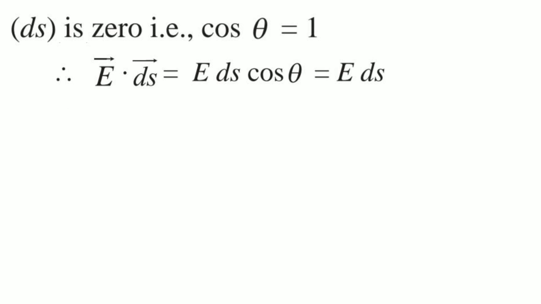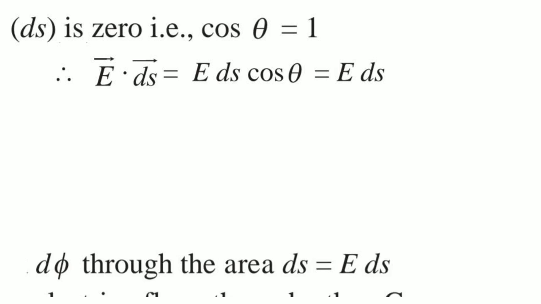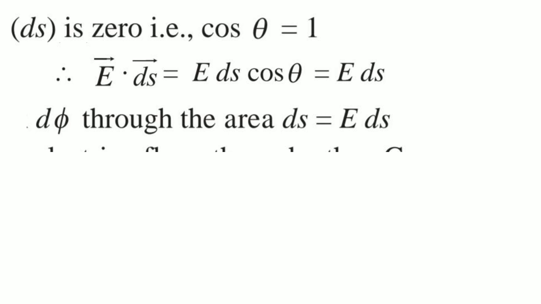Now, the right hand side of the first equation is nothing but vector E dot vector ds, and when we take the magnitude of that part, it will be E ds cos theta, and as cos theta is 1, finally it will be E ds only. Fine, product of E ds only. Now d phi through an area ds is equal to E ds.